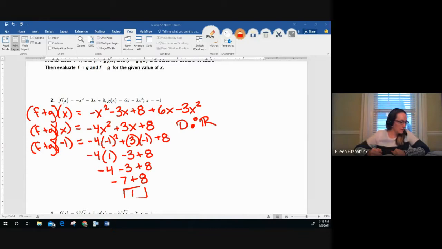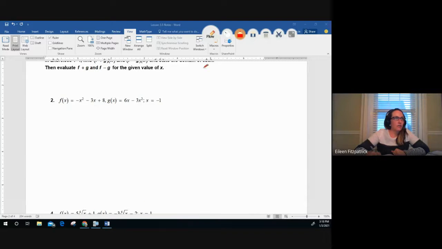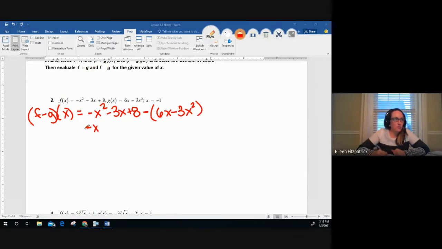All right, let's try the next one, which is f minus g of x. For this one, don't forget to put the g of x in parentheses. So it's -x squared minus 3x plus 8 minus parentheses 6x minus 3x squared. The parentheses are super important so that you remember to distribute that negative, change signs of everything in the second set of parentheses.